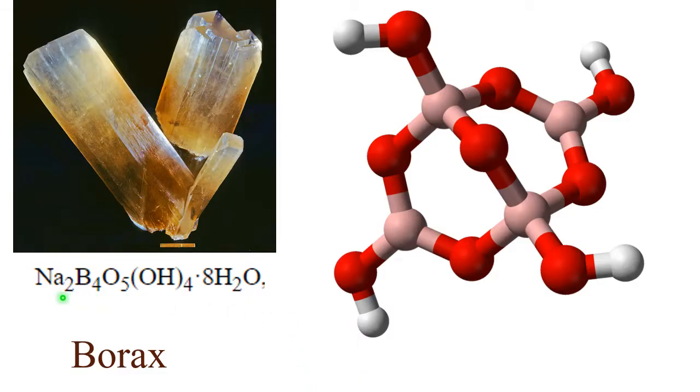Its sodium salt, named borax, is the most common mineral of boron. Its colorless crystals, color is always coming from impurities, have a characteristic anion that has 1, 2, 3, 4 boron atoms, a system of 1, 2, 3, 4, 5 oxygen atoms bridging, and 4 hydroxyl groups.